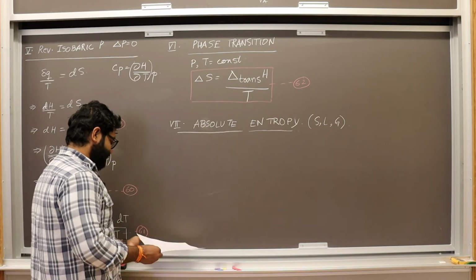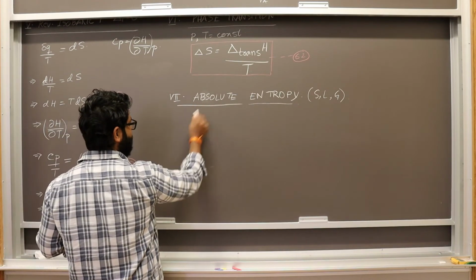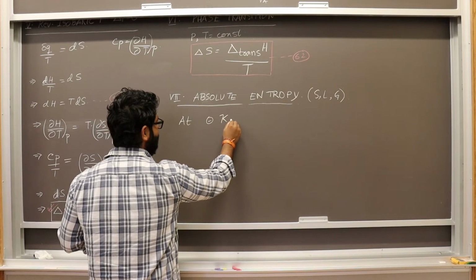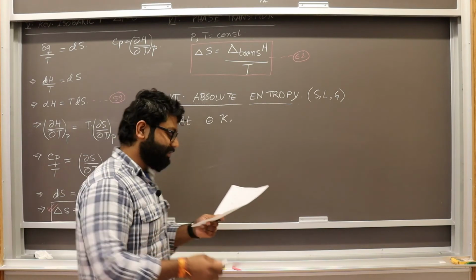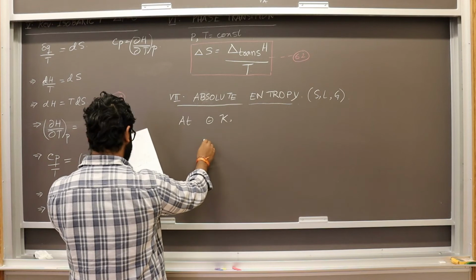What the third law tells you is that at absolute temperature, so at 0 Kelvin, the entropy of any substance is 0. Okay, so this is the whole idea about the absolute entropy.